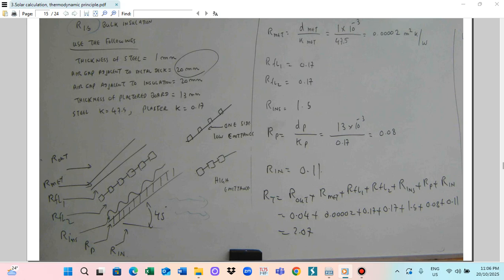So our insulation value you can take as 1.5, because our insulation is already given.